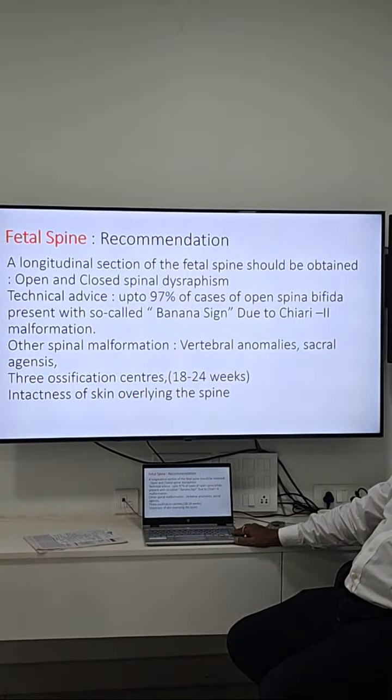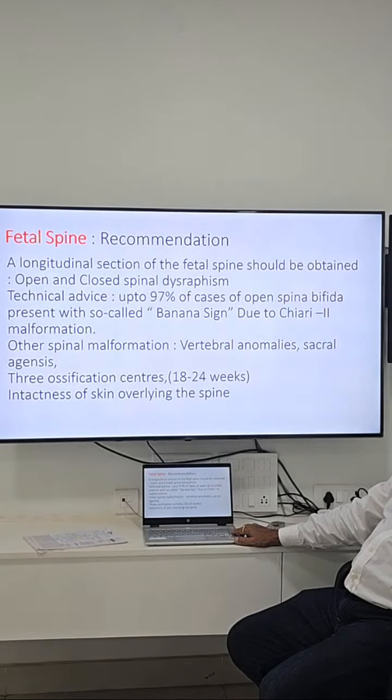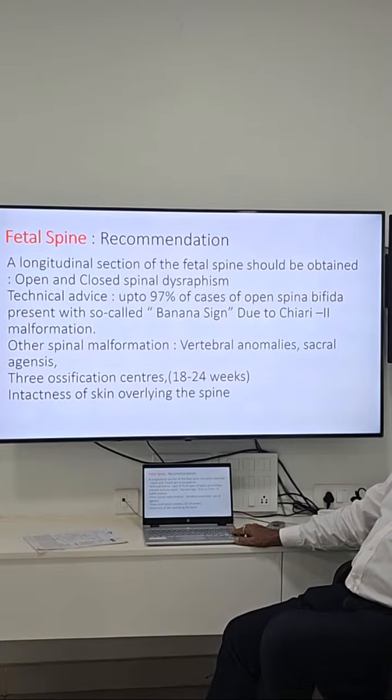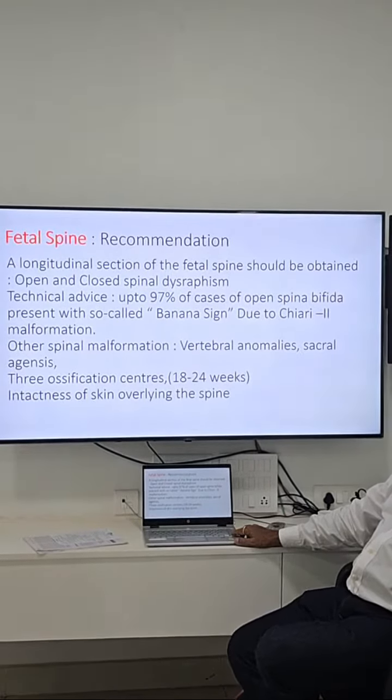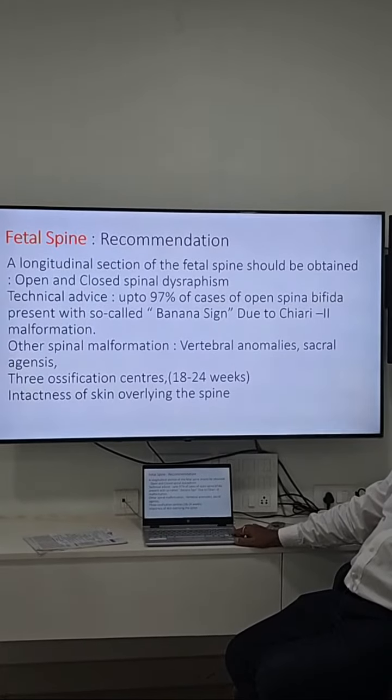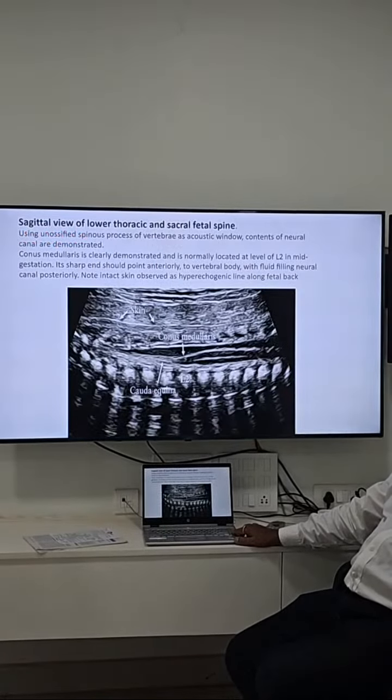Now the fetal spine has to be seen to understand whether there is any problem with those three ossification centers and the intactness of the skin overlying the spine, by transverse, coronal or sagittal views.